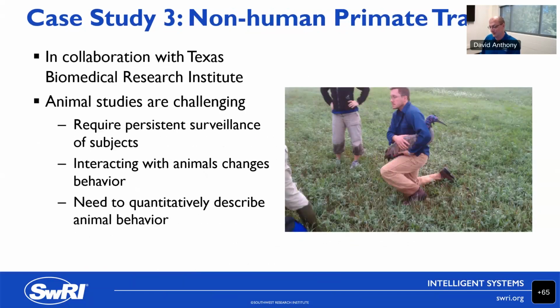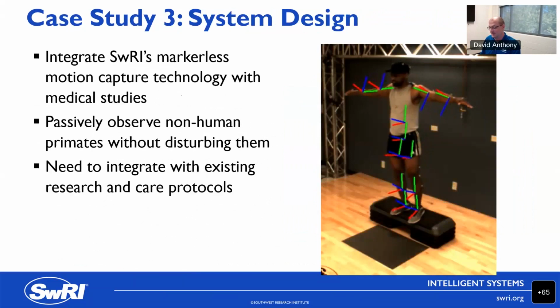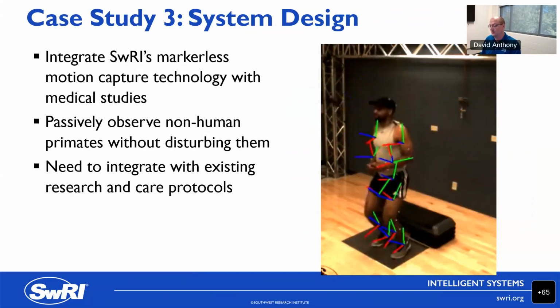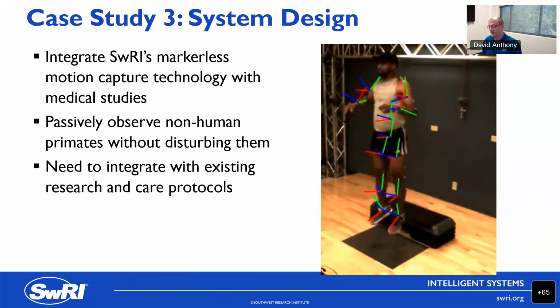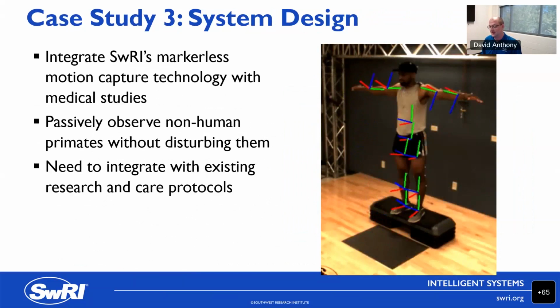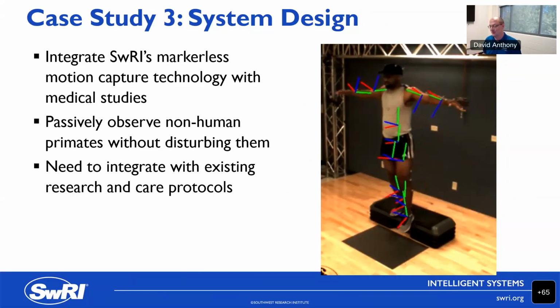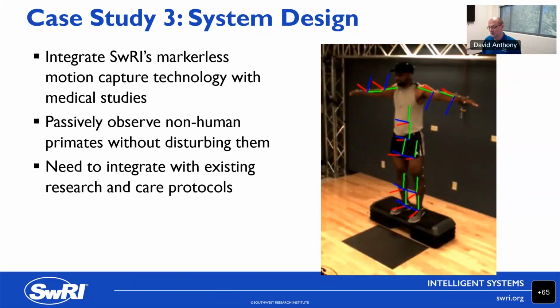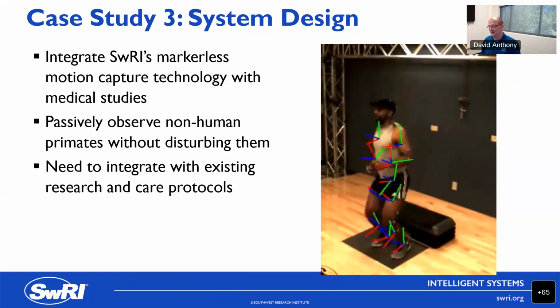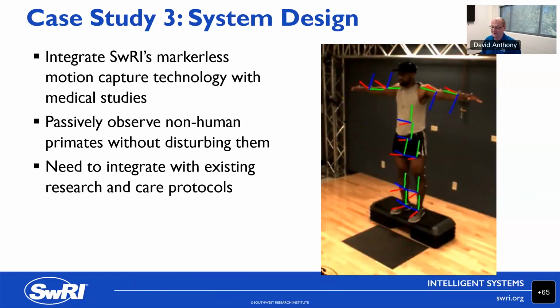We did some non-human primate tracking with Texas Biomed, which is our sister research organization. I wanted to throw in this fun slide of my master's research where we were working with cranes to track them. We have a lot of exciting human performance software that we've once again worked heavily with our biomechanics group here to develop, and again, incorporate the biomechanics experts' knowledge of how the human body works, so that when you do these joint tracking tools, you come up with something that is actually kinematically feasible for a human body to do.